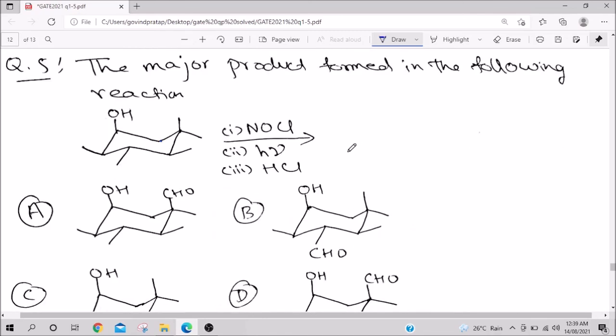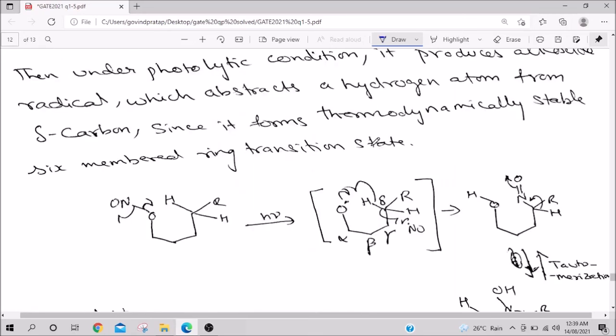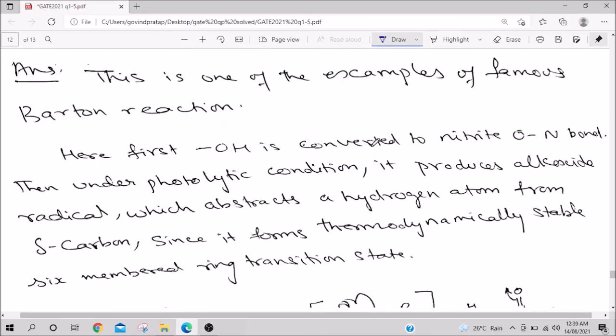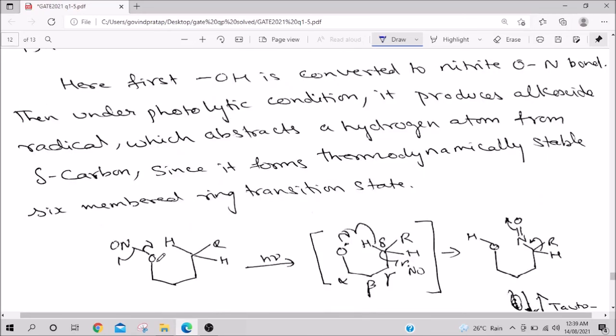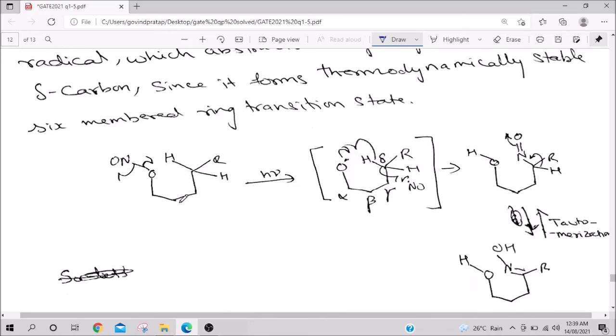So first, alcohol reacts with NOCl to give you a nitrite, you get an ONO, and then fragmentation happens at the delta carbon. So this is oxygen, so alpha, beta, gamma, and then delta, and at that delta, this hydrogen goes and attacks here and this nitrogen goes here.